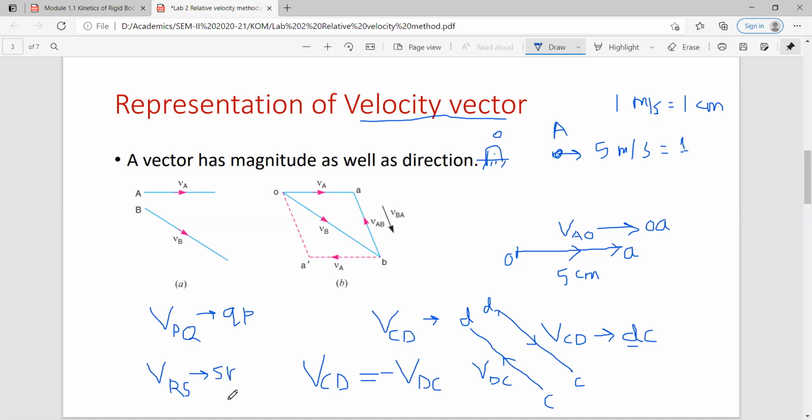This vector will start from point s and it will end at point r. Okay, so this label is very important, how you label the vector, how you understand the sense or direction of the vector.